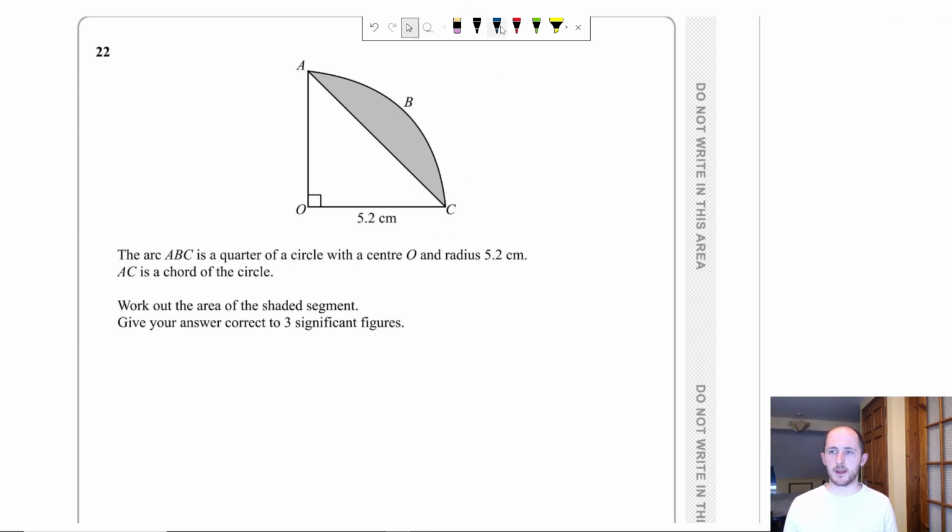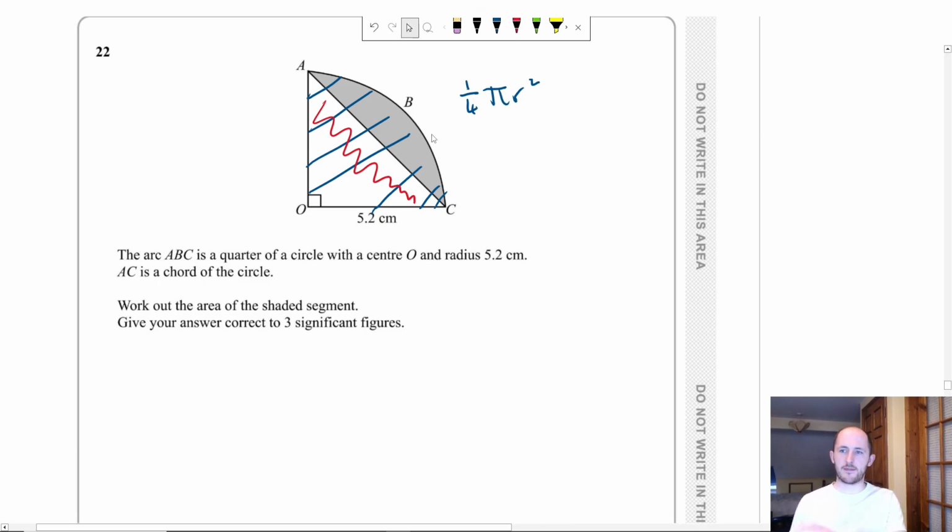Here's what we're going to do. We're going to work out the area of this entire quarter circle. Okay? The whole quarter circle, right? And how do you work out the area of a quarter of a circle? Well, the area of a circle is pi r squared. So a quarter of one should be a quarter pi r squared, right? And then what we're going to do is we're going to find the area of this triangle and subtract it.